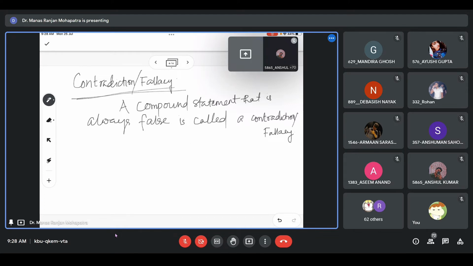Well, let us take an example. Does there exist some statement which is always false? If I take P conjunction negation of P, no doubt this statement is a compound statement. Let's construct the truth table for that.